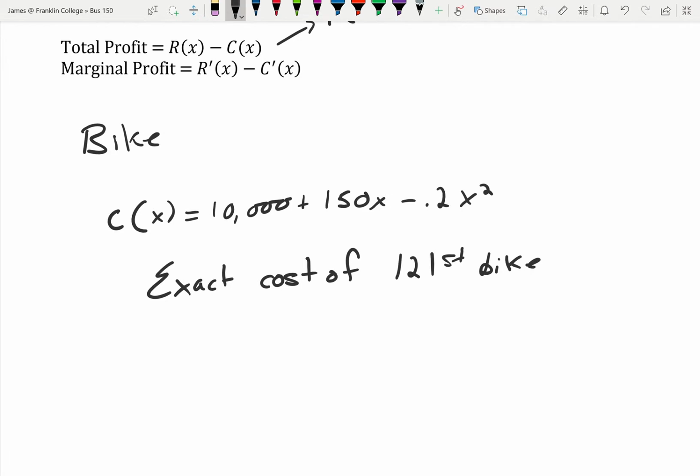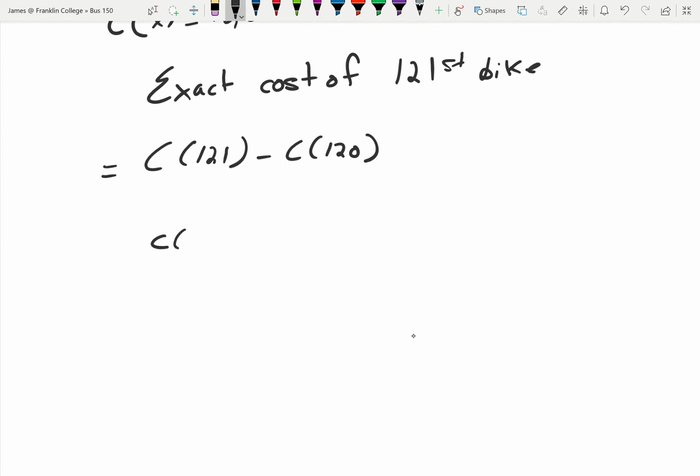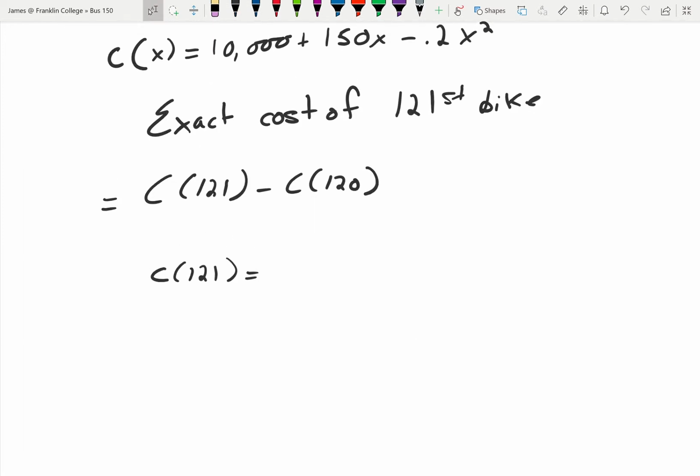bike. Well, what we will do is that the exact cost will be the cost of the 121st bike minus the cost of the 120th bike. So the cost of the 121st bike will simply be plugging in 121 for x into the cost function.